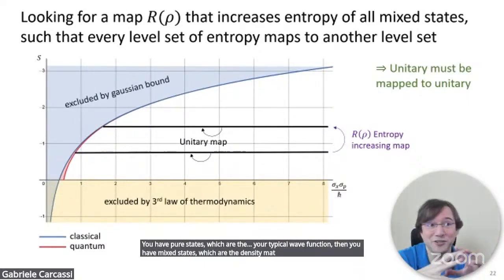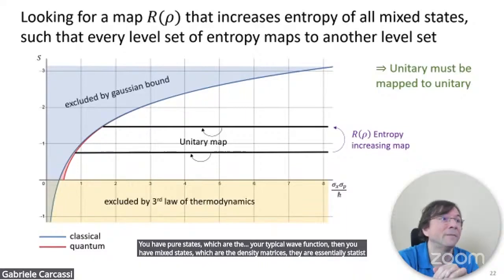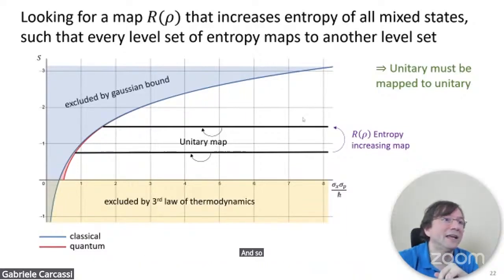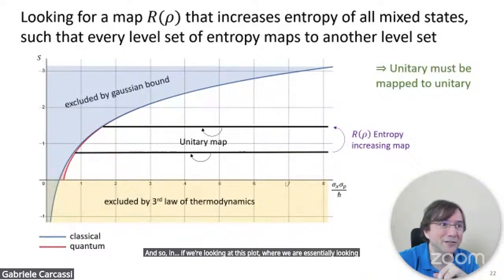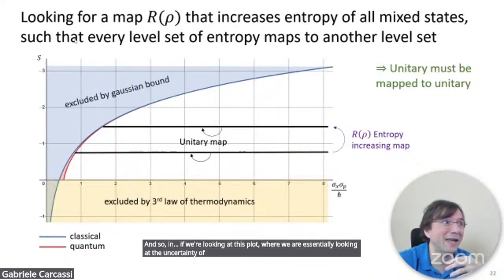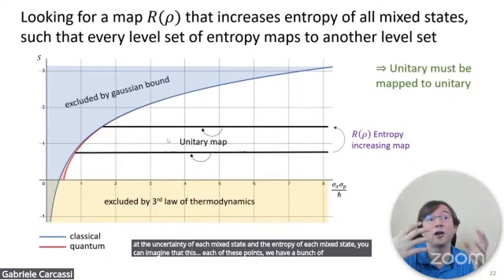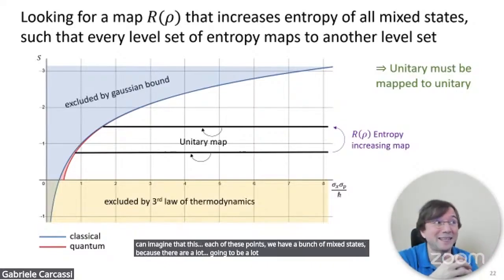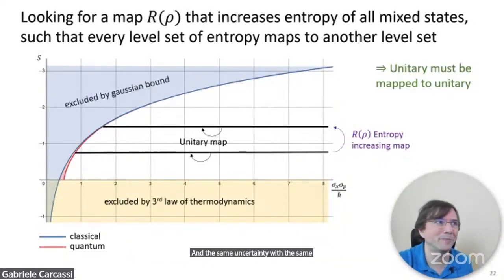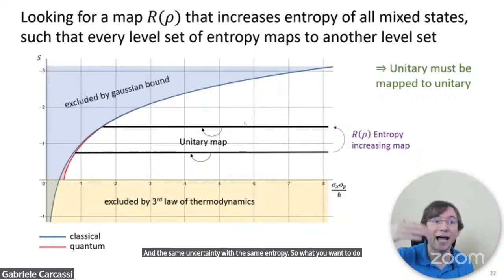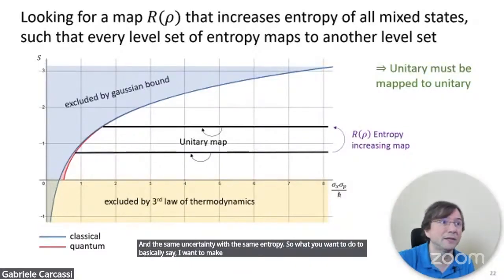They are essentially statistical distributions of those. If we look at this plot, where we are looking at the uncertainty of each mixed state and the entropy of each mixed state, you can imagine that at each of these points we have a bunch of mixed states, because there are going to be a lot of mixed states at the same uncertainty with the same entropy.